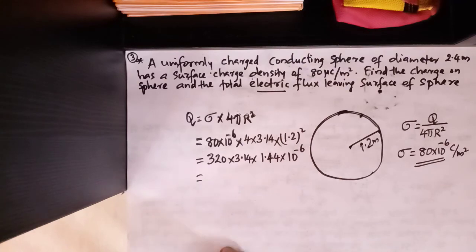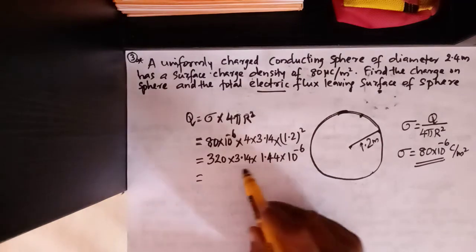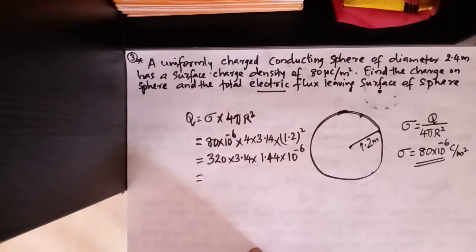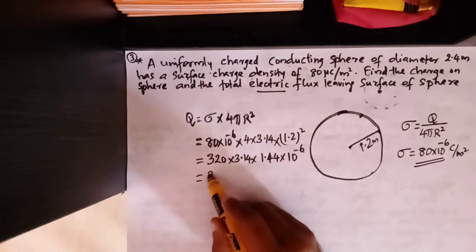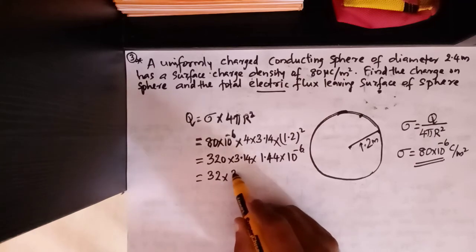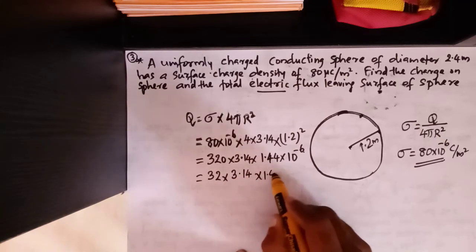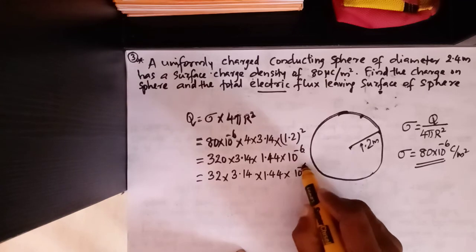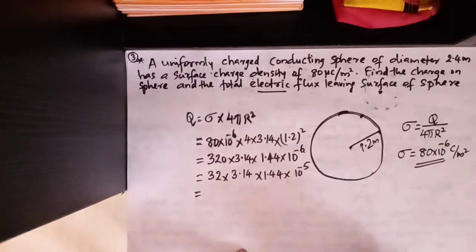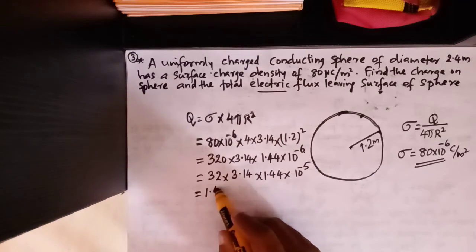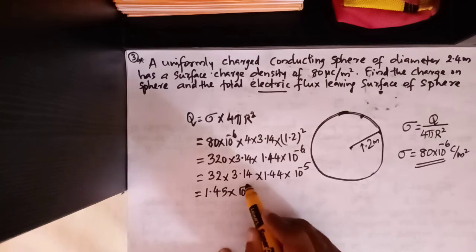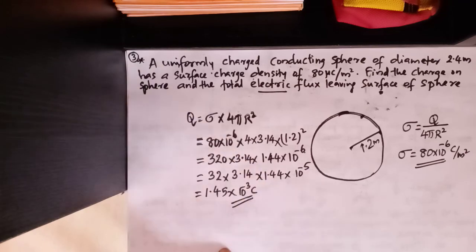Further, we multiply the values. 320 into 3.14, this 0 also I take along with this. So again simplifying, 32 into 3.14 into 1.44, this will be 10 raised to minus 5. When I multiply these values, the answer will be 1.45 into 10 raised to minus 3 coulomb. This will be the charge.